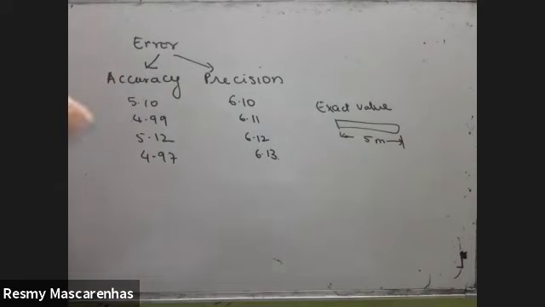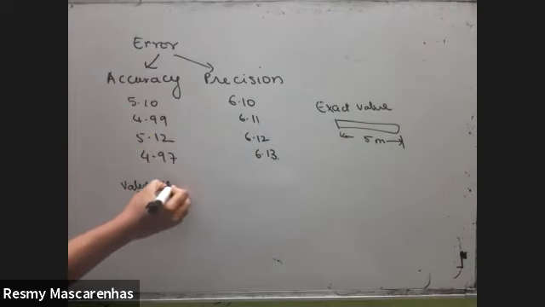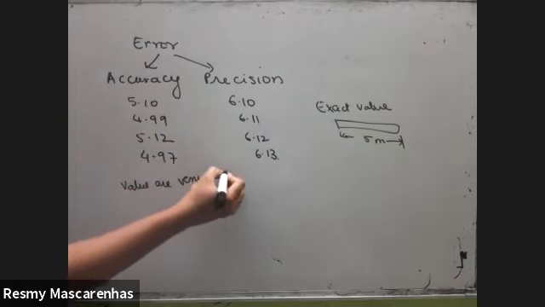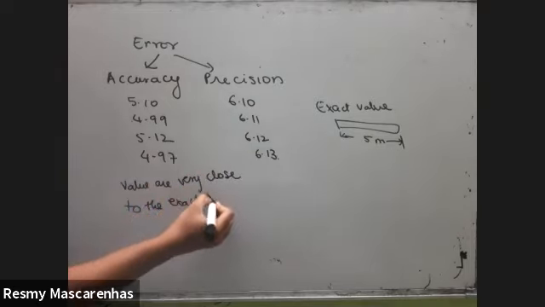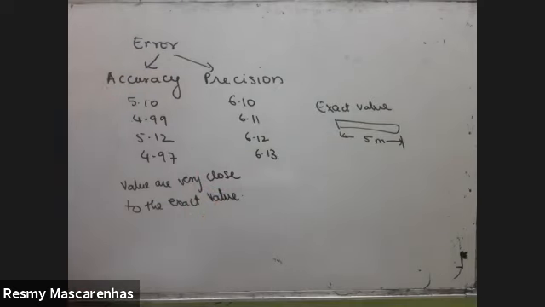So what the definition says is, these values are very close to the exact value. But among them, there is so much difference. 4.99 is not extremely close to 5.1, because it goes 4.9, 5, 5.1, 5.2, 5.3, that way.